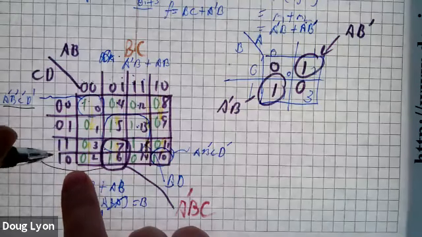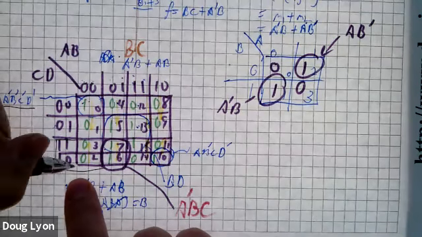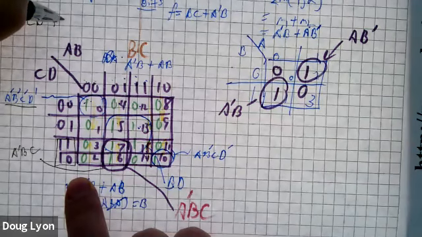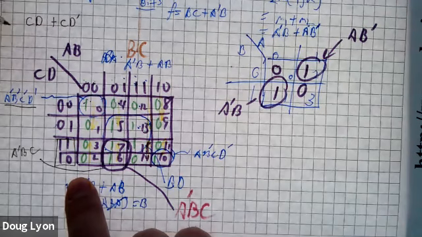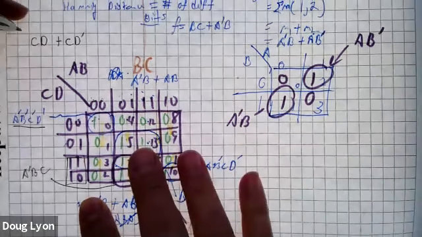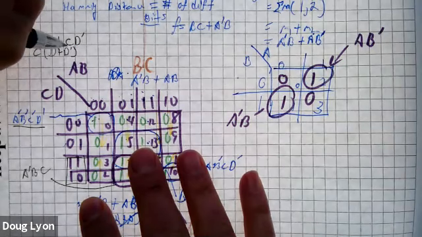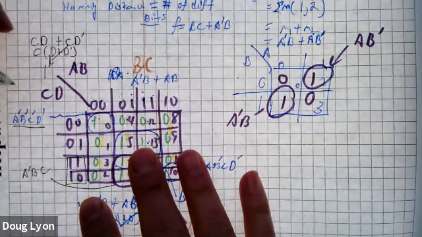Why don't we show the D? Because if you look at these two terms right in through here, that corresponds to C D or C D prime. And if you want to factor out the common, you get D or D prime. And we know D or D prime is equal to 1.